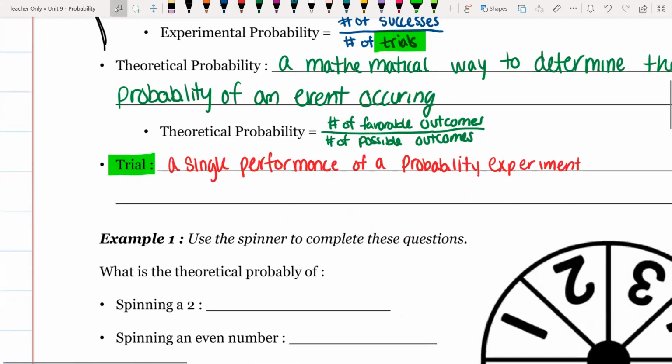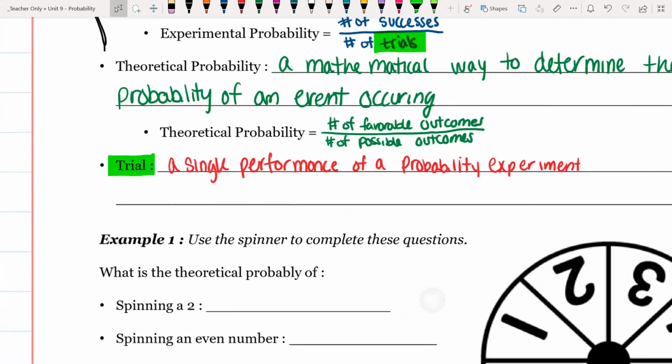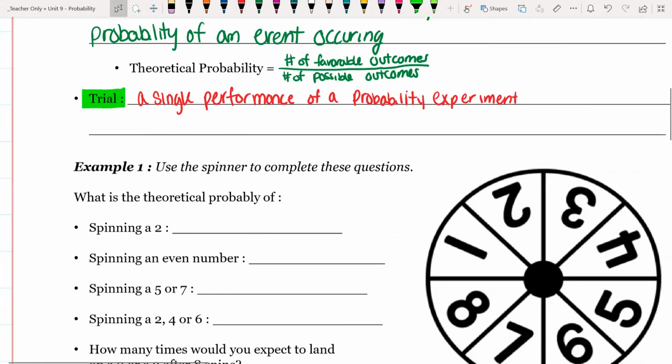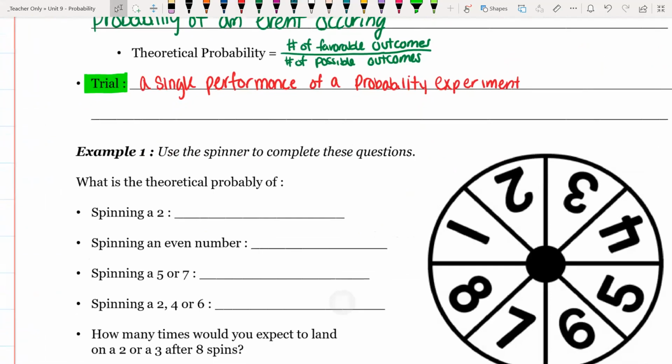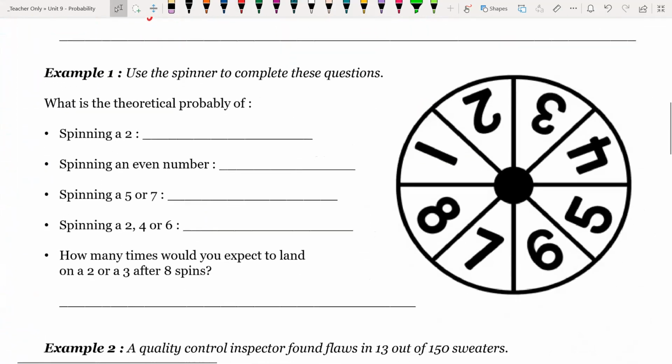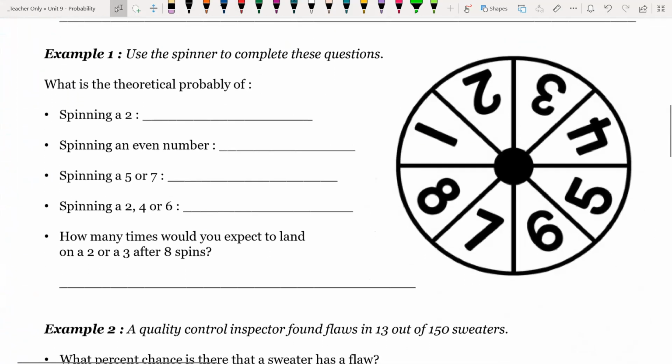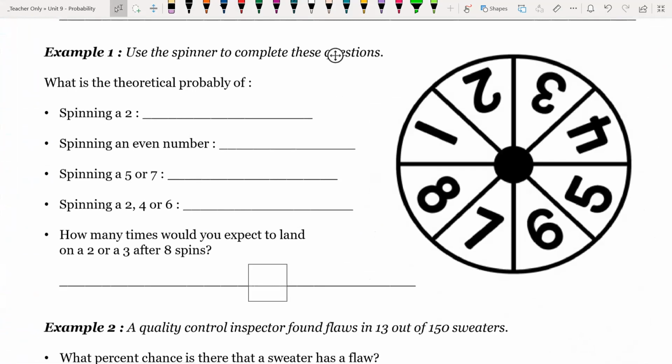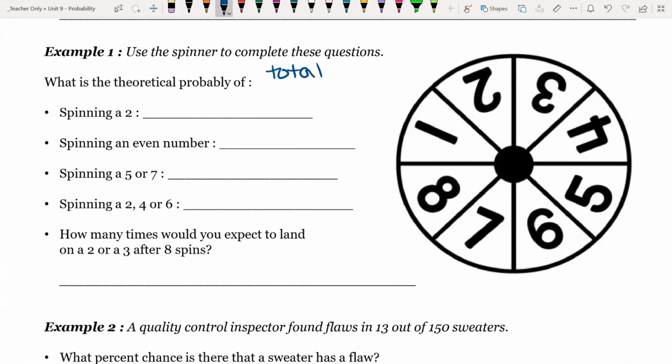So now that we've talked about all those things, we're going to go through a couple of examples. Use the spinner to complete these questions. Find the theoretical probability of spinning a 2. First, find the total outcomes.